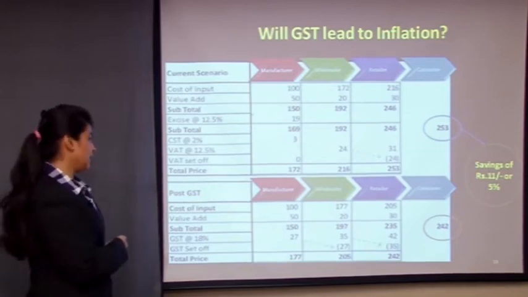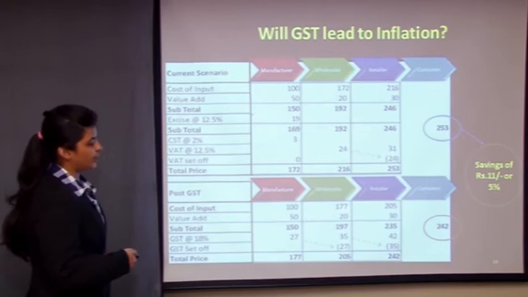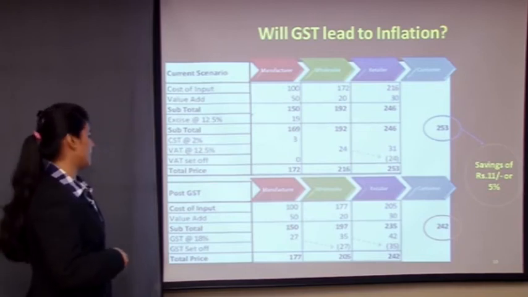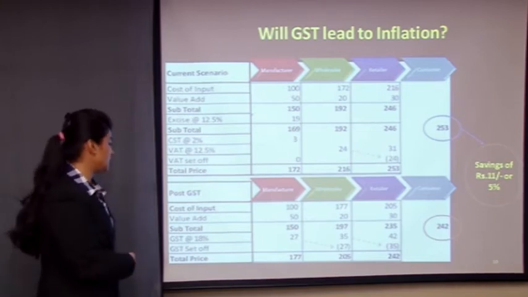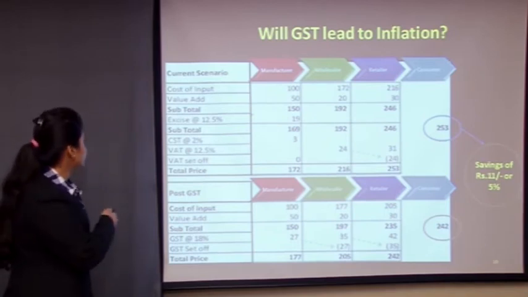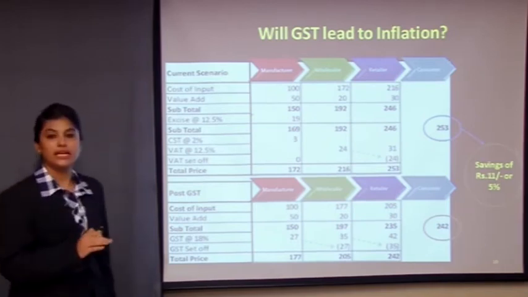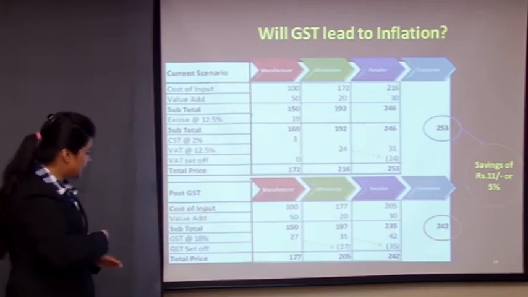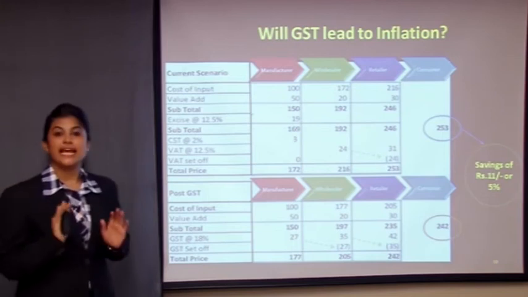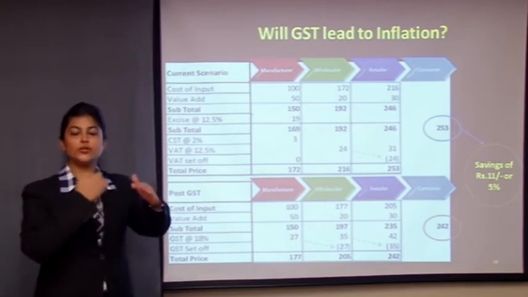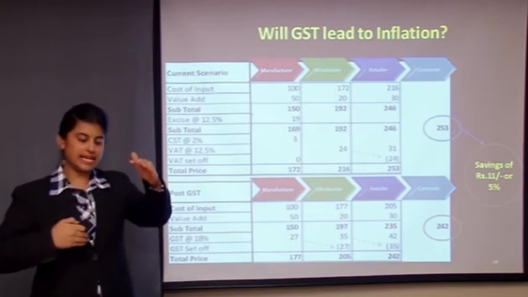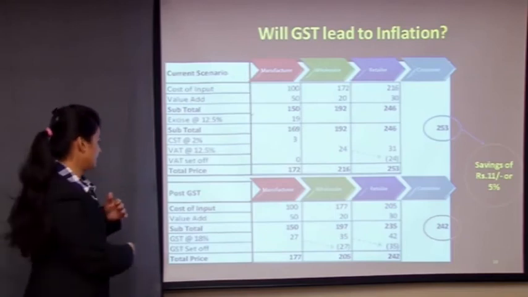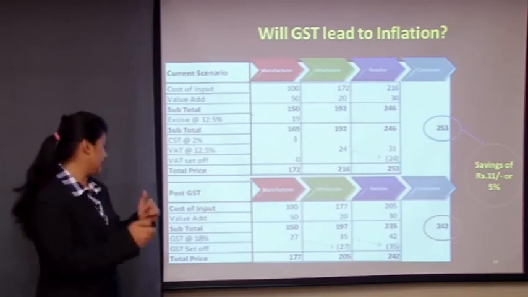Post GST, cost of input 100, value added 150, subtotal 150. Now here these things are being eliminated, and GST is being added over here at 18%, which is divided into central GST and state GST 9% each. But here it is mentioned as GST overall 18%.